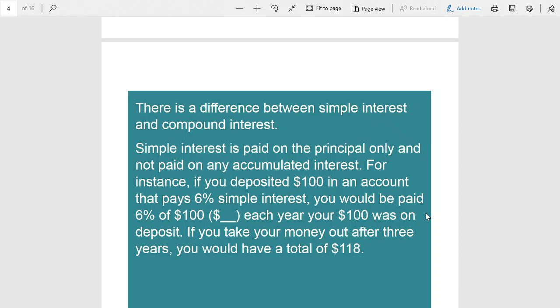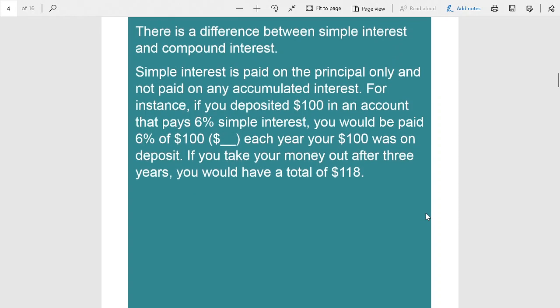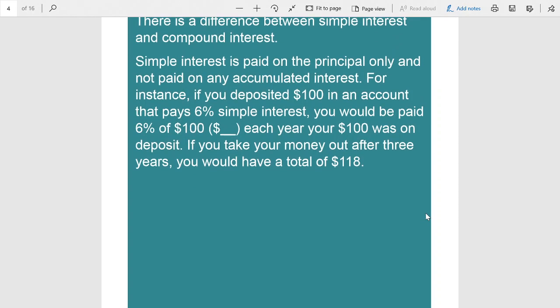For instance, if for year one I deposited $100, then if I find 6% of that, I would say that I'm getting $6 for that year. So we would add it, and the next year I would have $106. Well, that next year we're not actually getting that interest on $106, we're still having it on $100, so I add only $6.